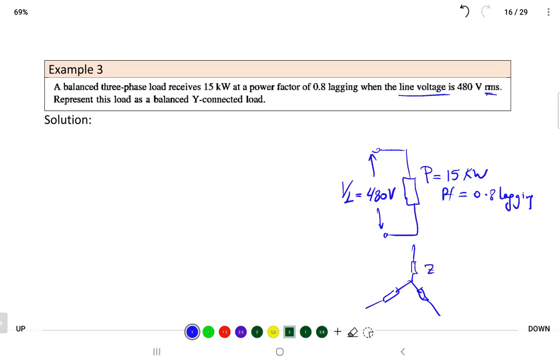So you have to know the voltage per phase across the impedance and the current flowing through it. Since the load is Y-connected, remember that the line current is equal to the phase current in a star or Y connection.